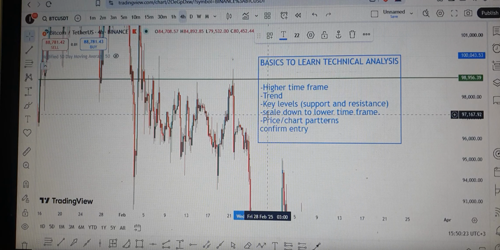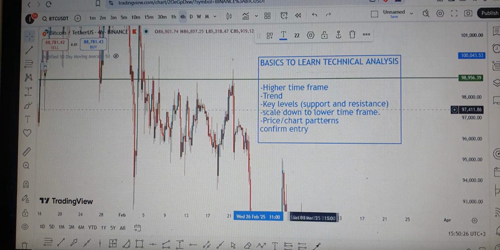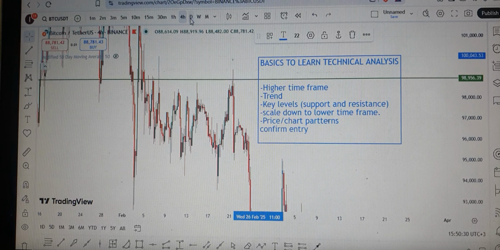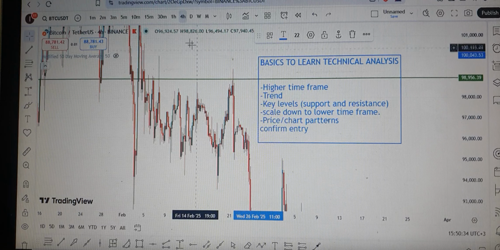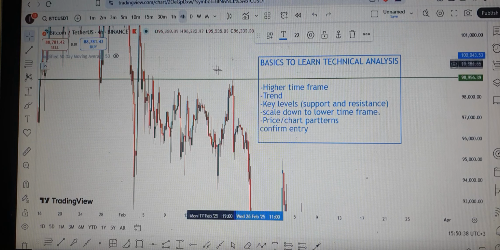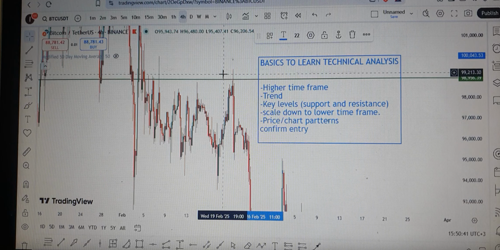Then another one is to scale down to a lower time frame. After drawing those supports and resistances in the higher time frame, remember we are still in 1 day, you go down to the 4-hour time frame, or you go down to those lower time frames. Why do we need to go to those lower time frames?